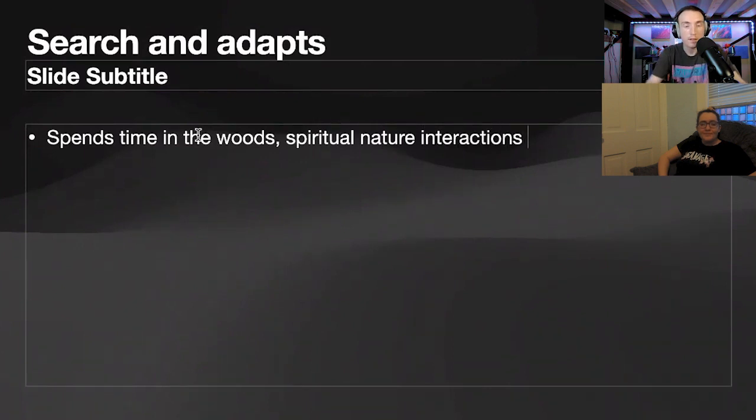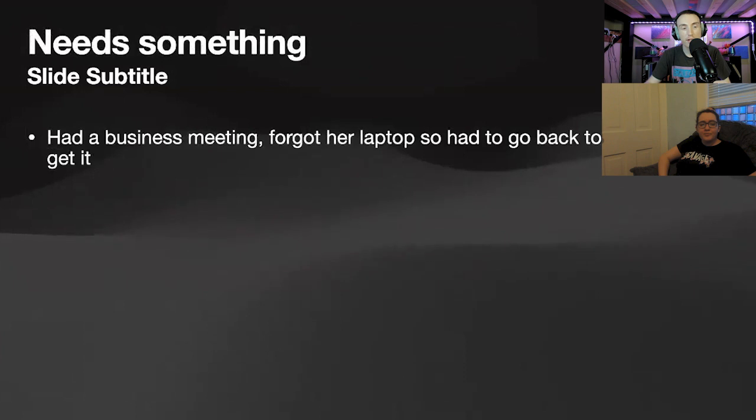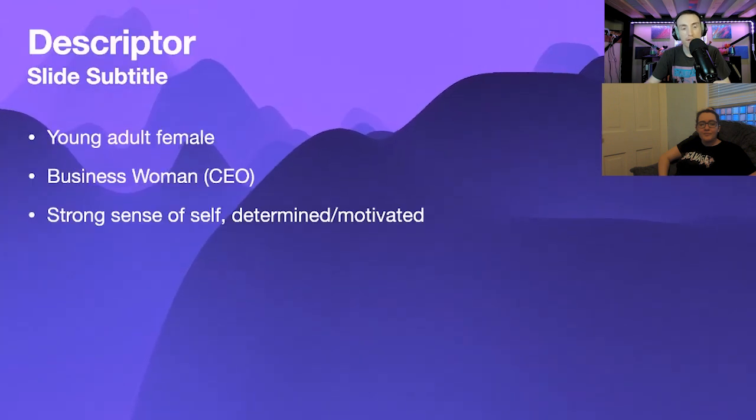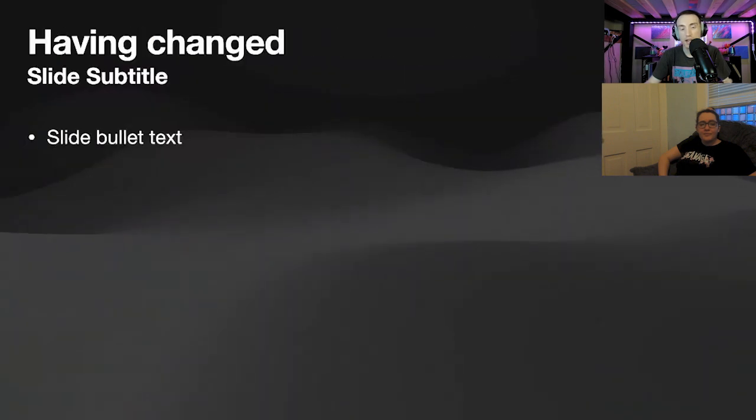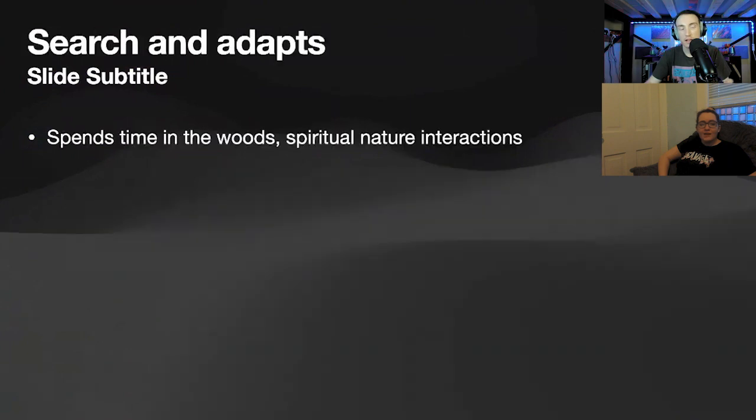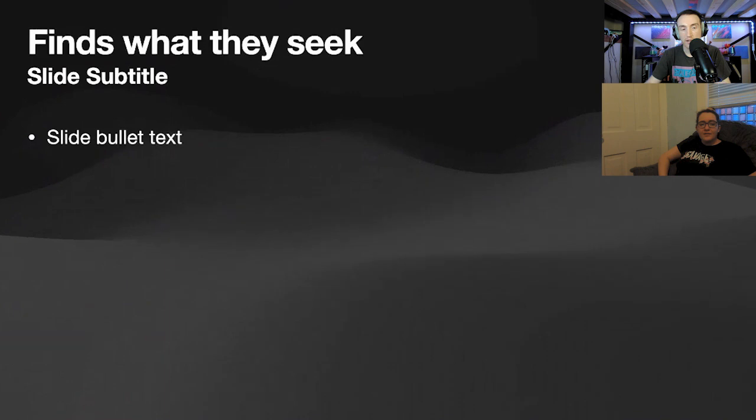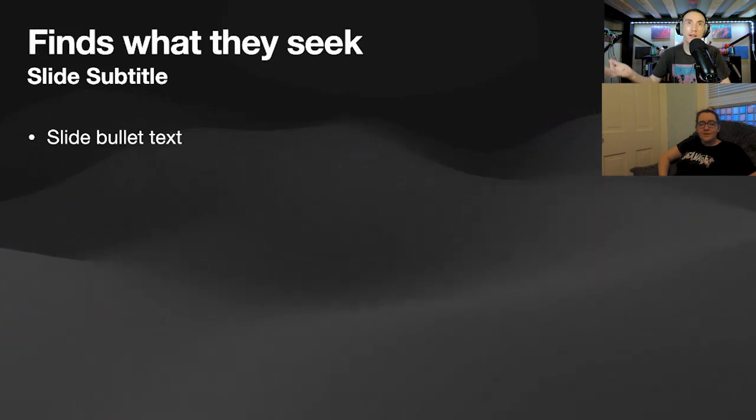I know that she's strong, or maybe I don't know. I guess in the beginning we could have her not have that strong sense of self, because maybe that's what she finds. Maybe that's her having changed. To add some depth to the story, we don't necessarily want a fully healed character.